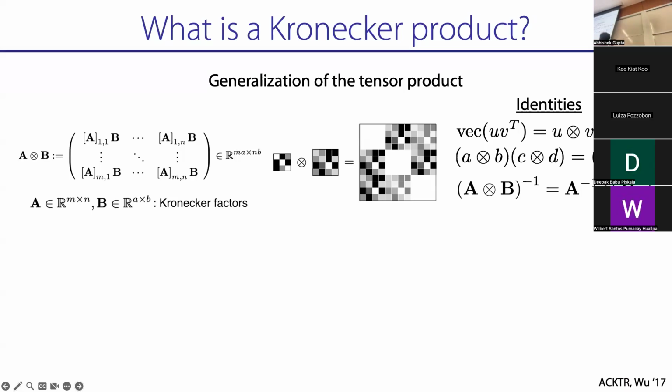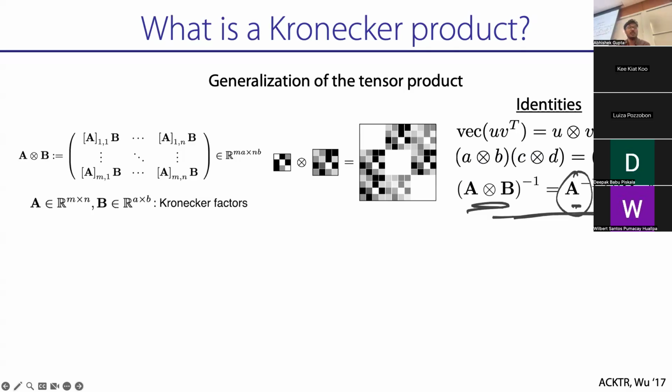The reason the last one is useful is that A cross B is a big matrix, but A and B are not that big. So what this allows us to do is invert much smaller things.